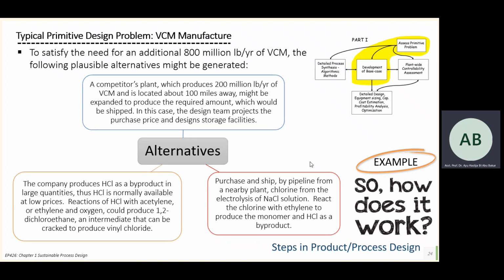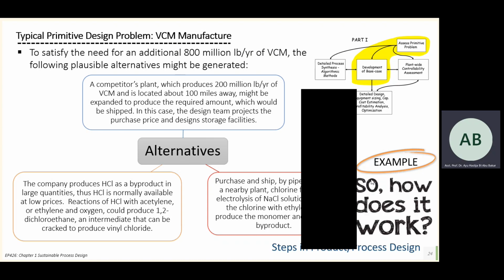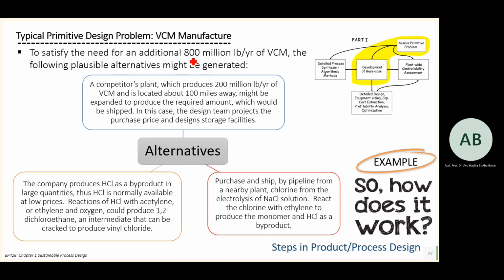Okay, next we go to the alternatives of the problem. Alternatives to achieve production of 800 million. There are a few alternatives over here. A competitor's plant produces 200 million pounds per year of VCM, located 100 miles away. It might be expanded to produce the required amount, which would be shipped.